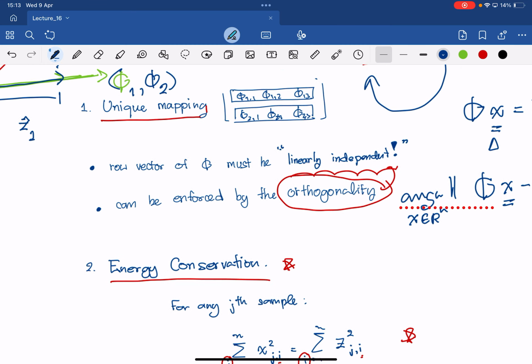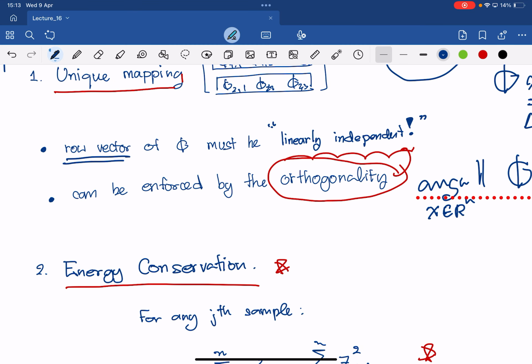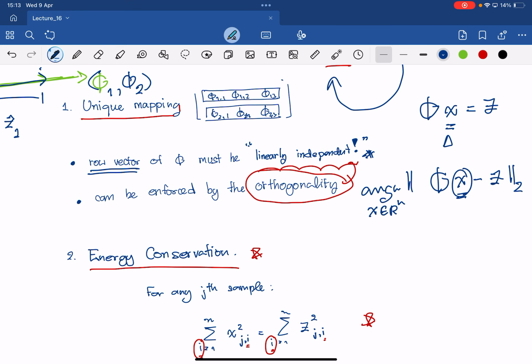The row vectors of the phi matrix have to be linearly independent to ensure that you can recover back the x vector. But checking for linear independence is possible, though not very easy.